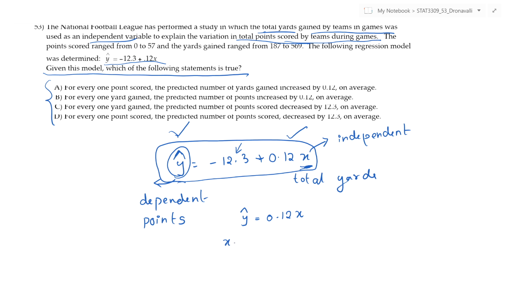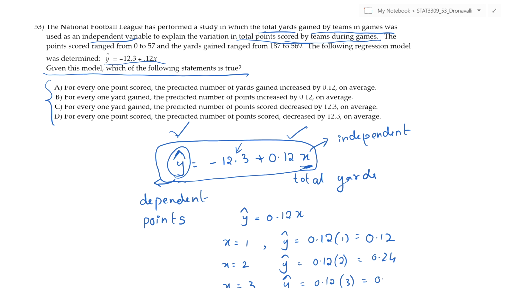Now let's substitute x equals 1. My y hat would be 0.12 times 1, which is 0.12. When x equals 2, y hat is 0.12 times 2, which is 0.24. And when x equals 3, y hat is 0.12 times 3, which is 0.36.